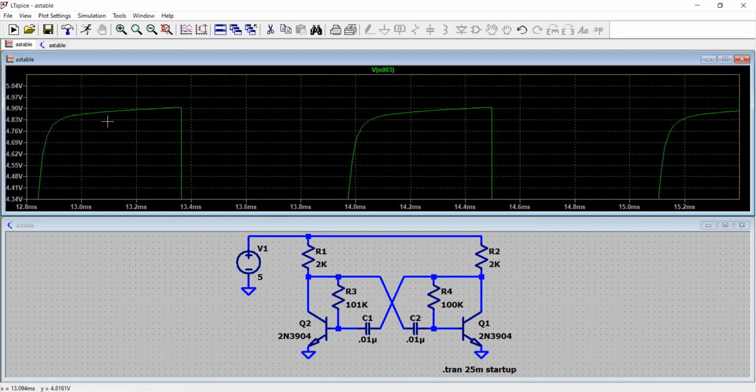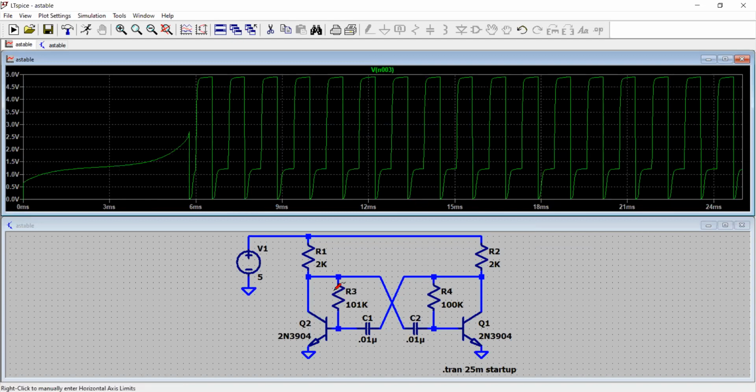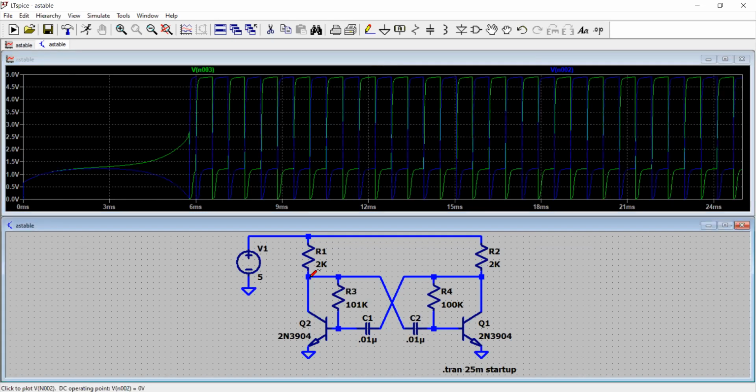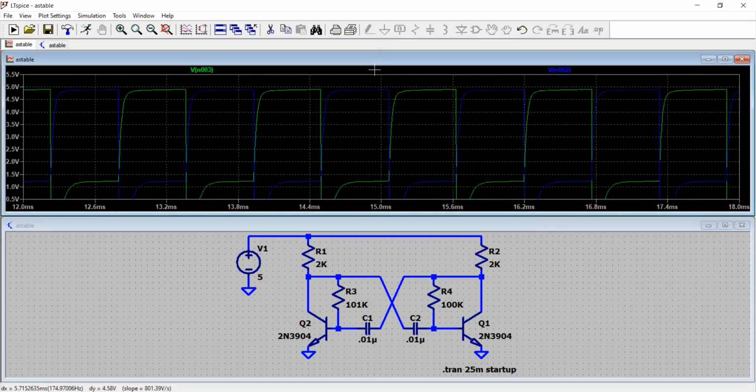You can put a cursor here and measure the on time and off time. Now let me click here. You can see that the blue is the node voltage at this node, and both these waveforms have a 180-degree phase shift to each other. So that's how the transistors Q1 and Q2 are oscillating one after another.